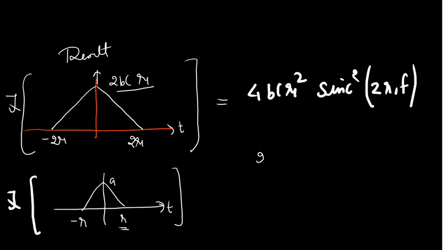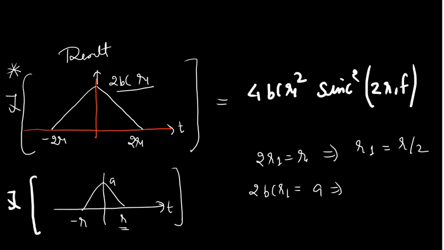We have to replace in this result: we have to write 2R1 as R and 2BCR1 as A. So we have to replace R1 by R by 2, and 2BCR1 is A, so BC is A by R. So we have to replace BC by A by R, and R1 by R by 2.